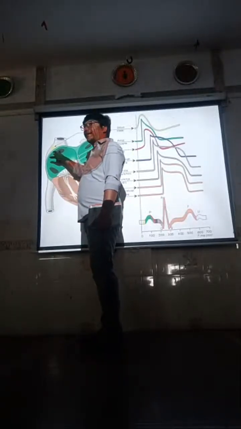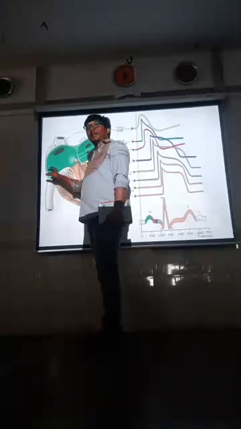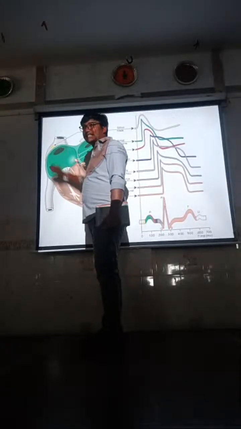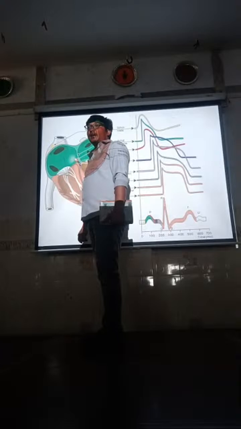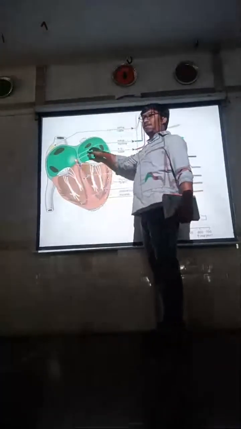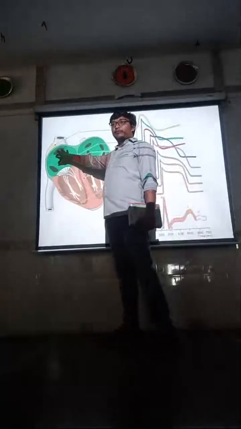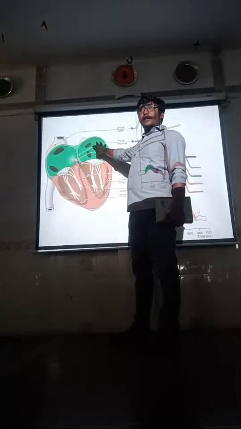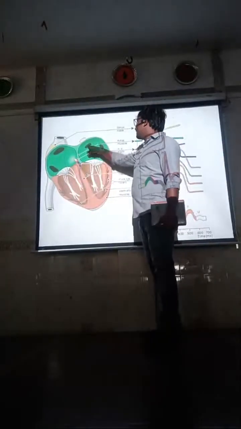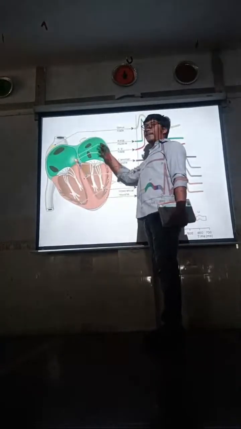There is the superior vena cava orifice and the inferior vena cava orifice. When atrial systole is happening, here we have pulmonary veins. Atrial systole means not only the right atrium, even the left atrium is also contracting. Now this one has 4 orifices open, 4 pulmonary veins.